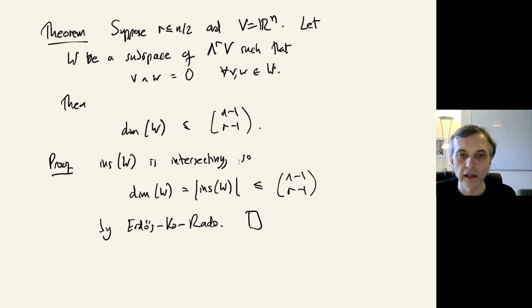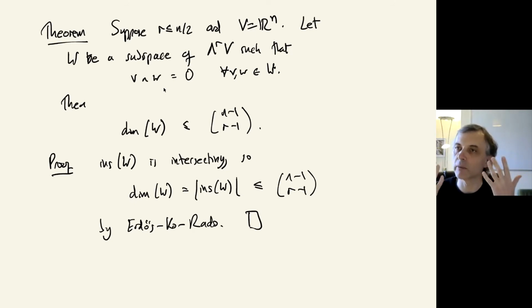Of course, since you're applying Erdős–Ko–Rado, you expect to have r at most n/2. Just as an aside, what happens if r is bigger than n/2? Well, if V and W were in the r-th exterior power for r bigger than n/2, then the wedge product would have to be 0, because the basis vectors would correspond to sets of size r.